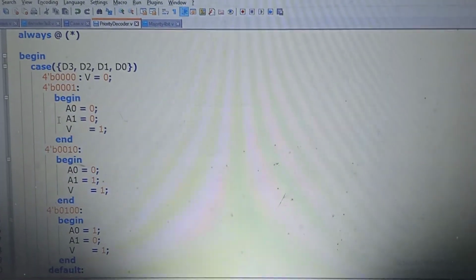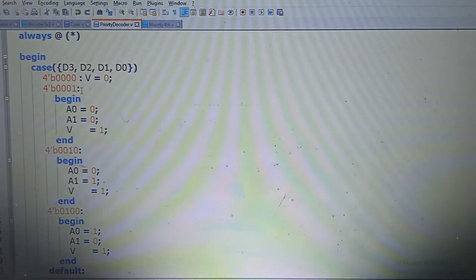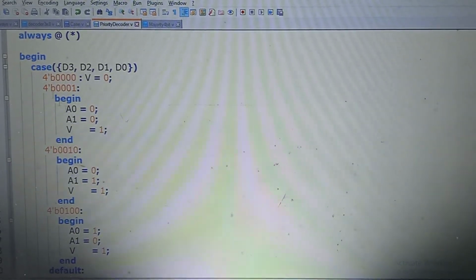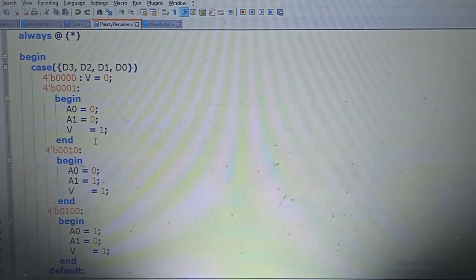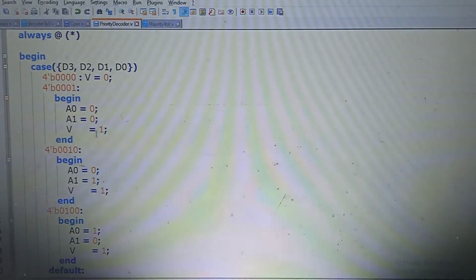Here we represent our inputs as binary with 4 widths, then begin. So if our inputs are 0, 0, 0, 1, then our A0 and A1 are 0, then B equals 1. So I'm just basing it on our truth table.